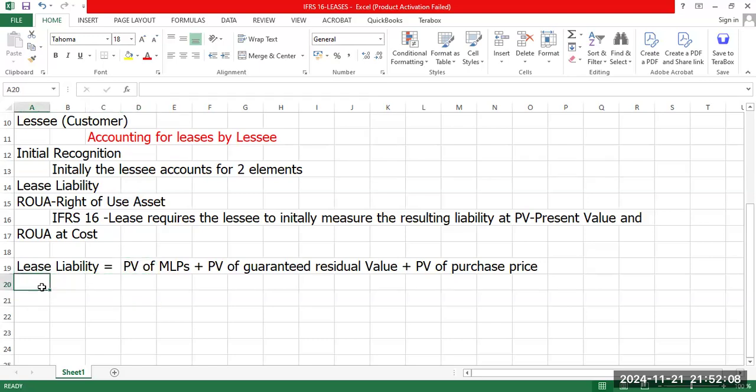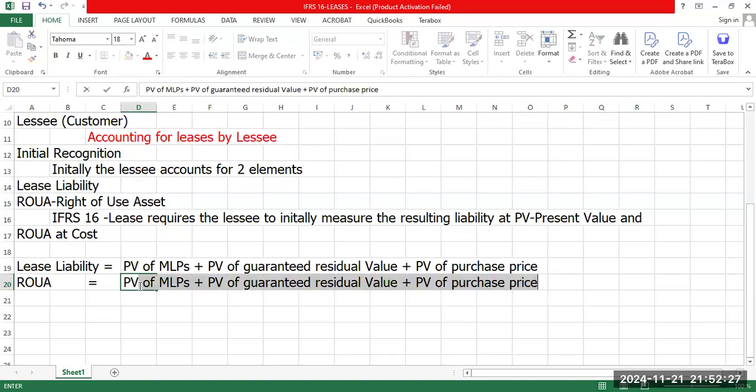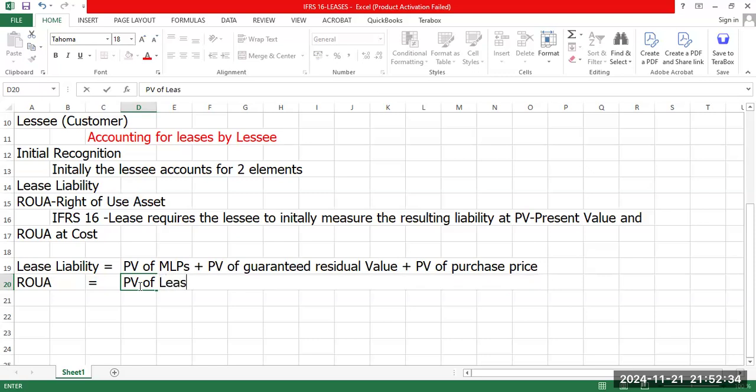Okay, then what about right of use asset initially? What about right of use asset, initial recognition? So, initial recognition for right of use asset, we just get the present value of lease liability, the one you have above.